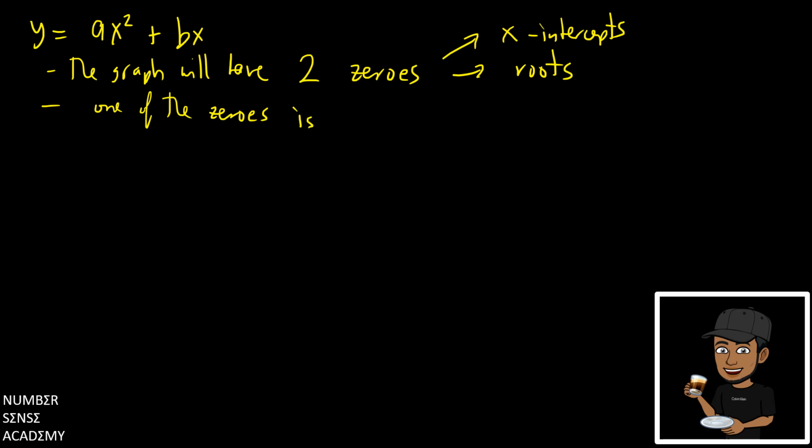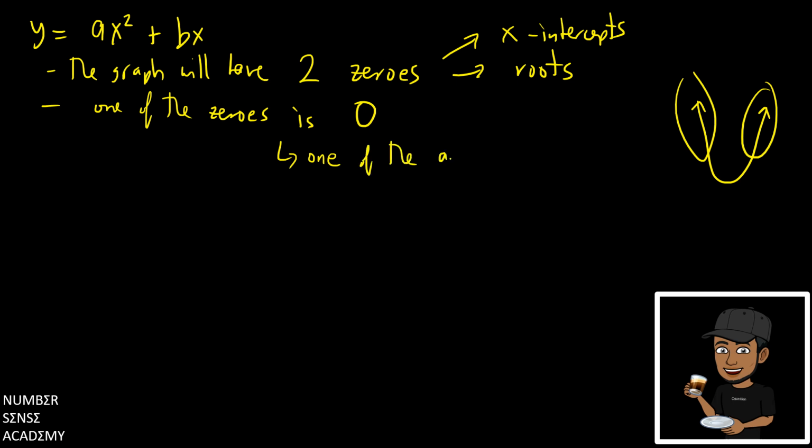And one of the zeros is 0. This means that one of the sides of the graph, when I say the sides, I don't know what you call them, one of these parts is going to cut through the origin. So one of the arms will pass through the origin.